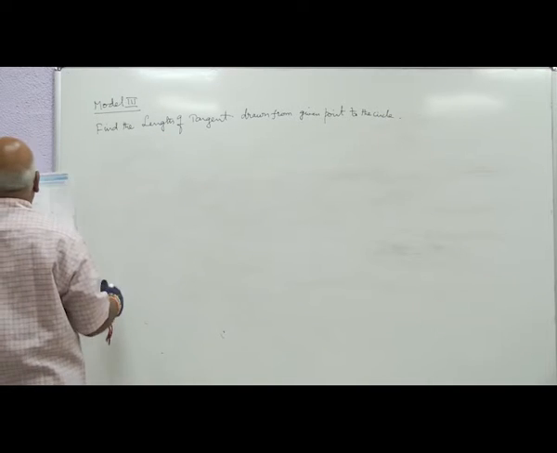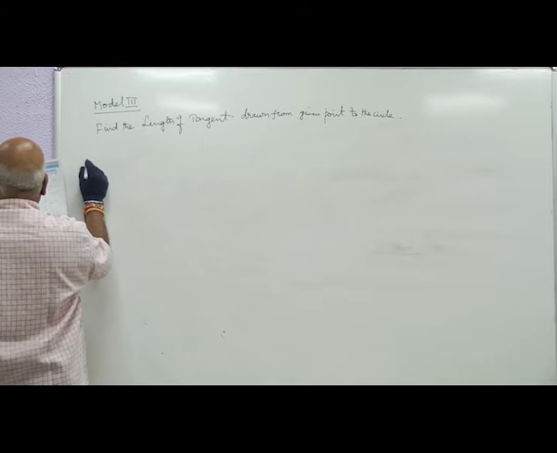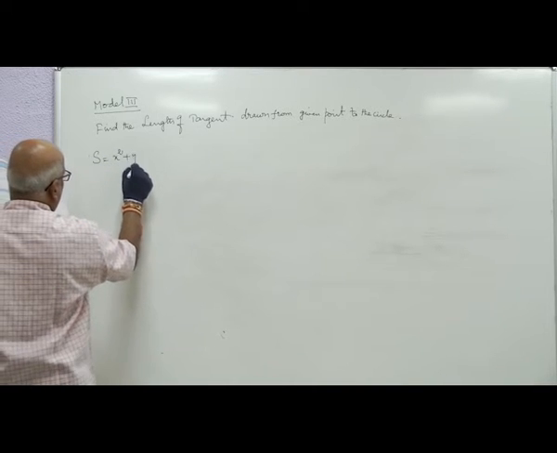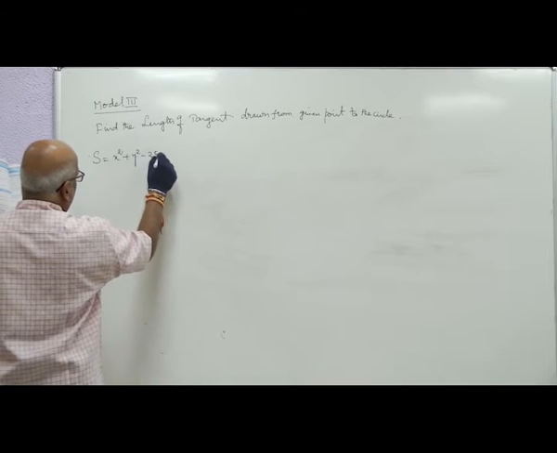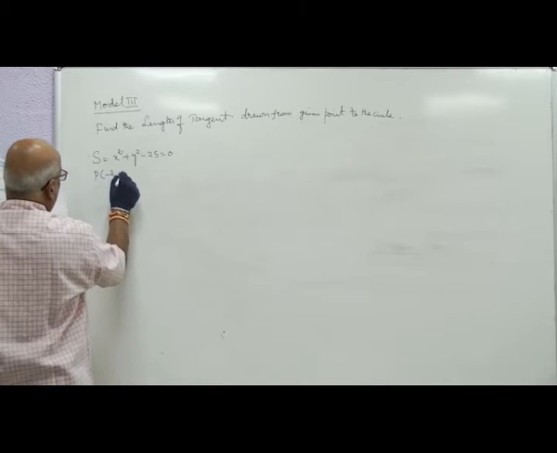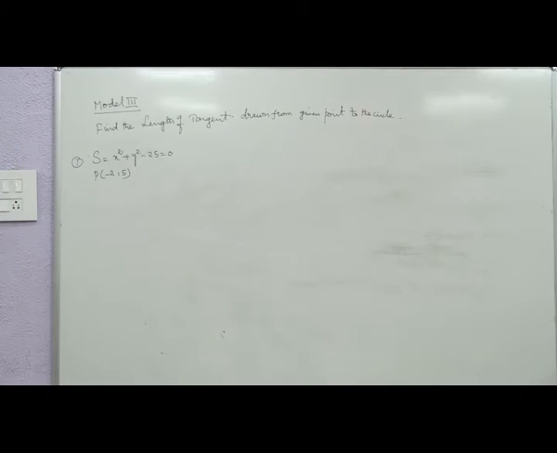Under that heading, our present problem is S equal to x square plus y square minus 25 equal to 0, and the point is minus 2, 5. Find the length of tangent.